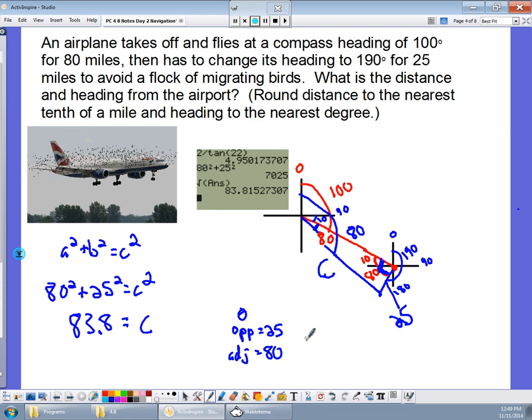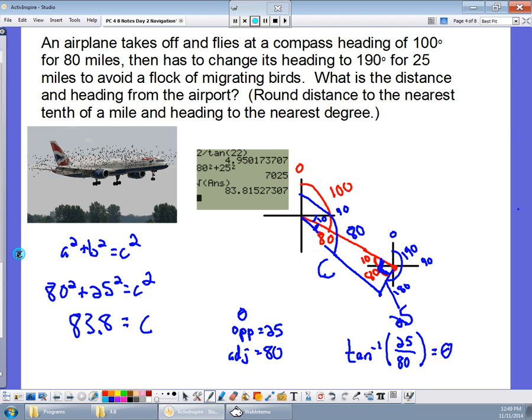So I know that that's the tangent function. So what I can do is inverse tangent of my opposite over my adjacent, and that'll give me theta, which is that angle in there.